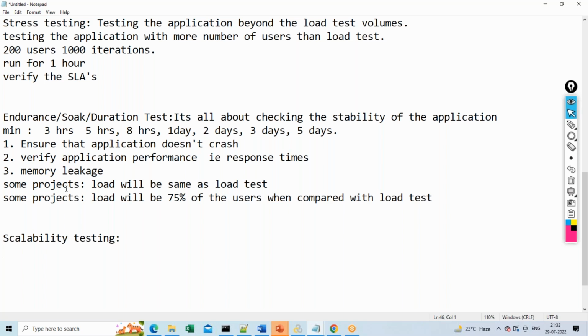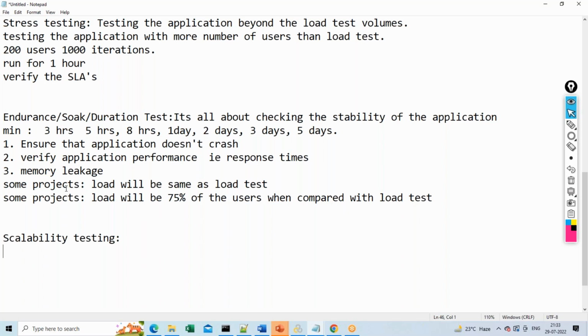Let's say today we are running with 100 users, and after 6 months or 1 year the number of users might increase from 100 to 300. Then considering that future growth, we have to run the 200 users and 300 users load test now itself.